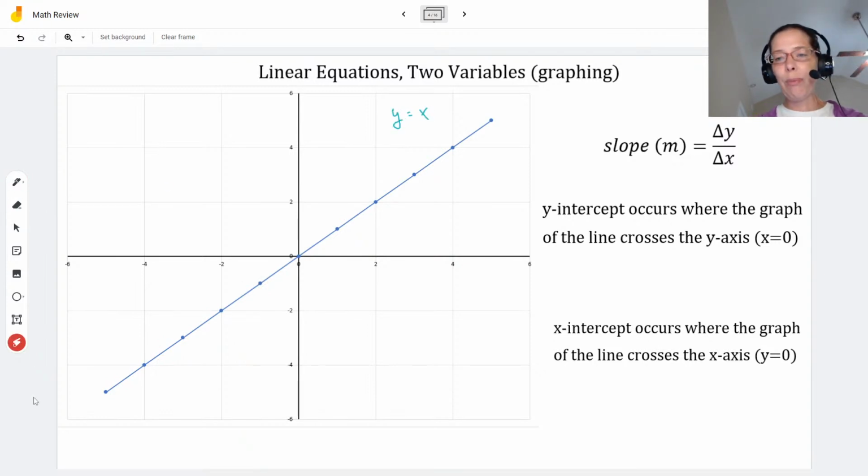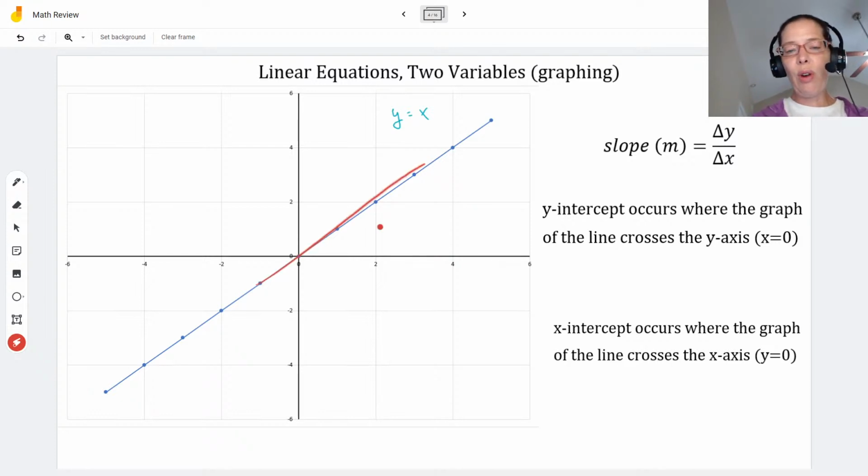This is a really simple line, but characteristics of these lines is they will have a slope, and I've written the equation for the slope here. So this is how your y variable changes over how your x variable changes. Sometimes people call this rise over run, or your change in rise over your change in run, but we calculate the slope by knowing how the y values are changing over how the x values are changing.